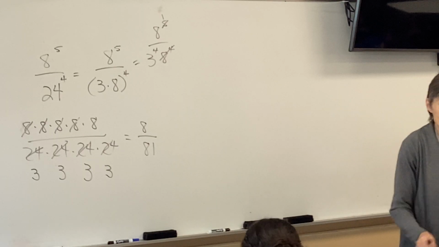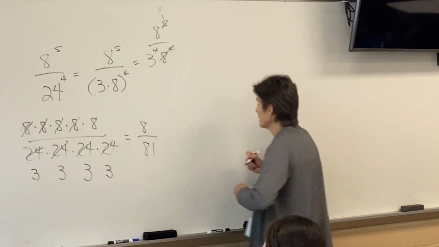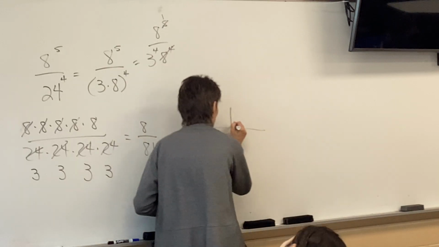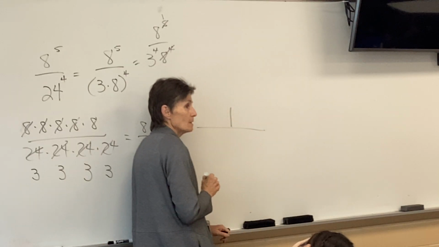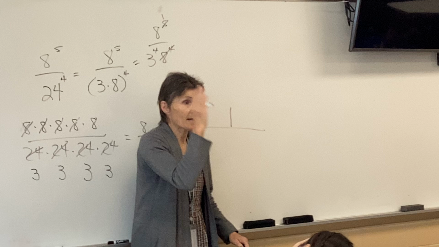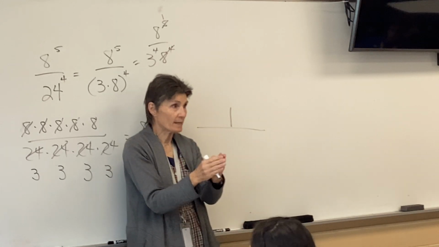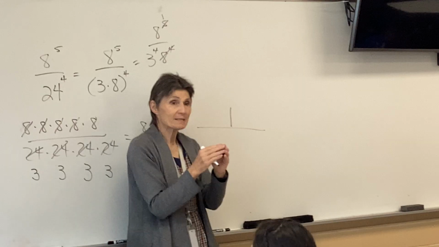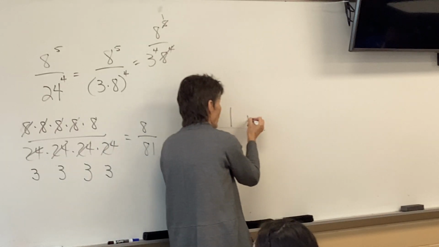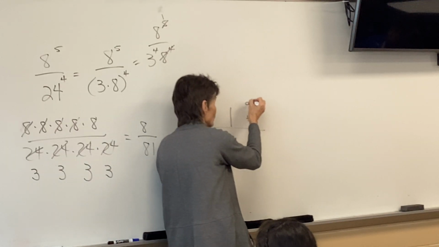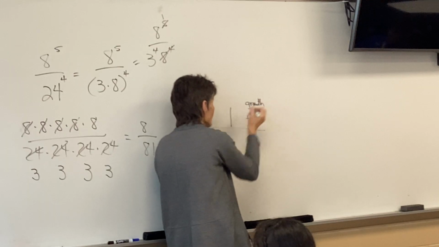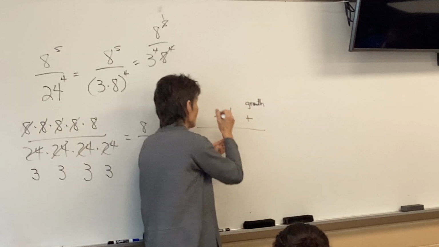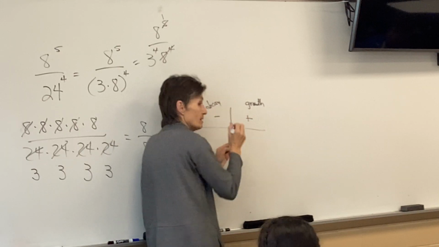Now, you guys, I need you to pay attention here. Here's 1. 1 is like stable. If you multiply by 1, nothing changes. If you multiply by something bigger than 1, it's growth. If you multiply by something less than 1, it's decay.